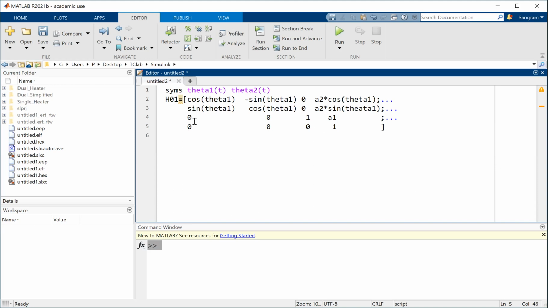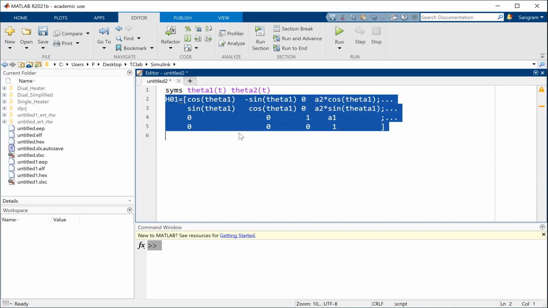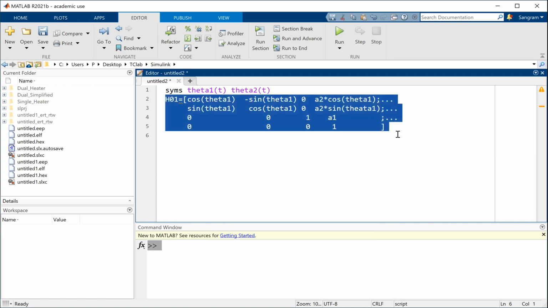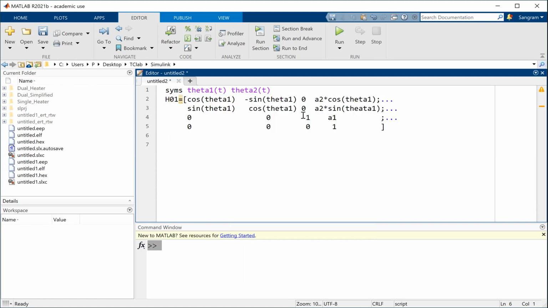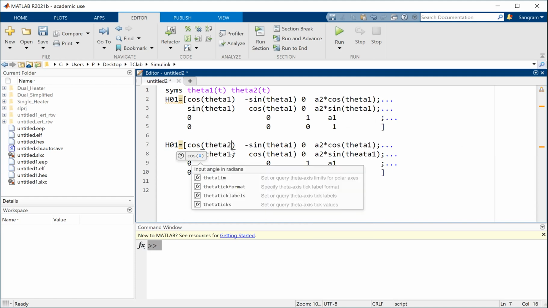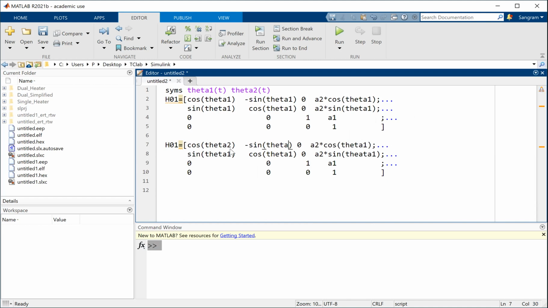Okay. Now next thing, copy. Third column, second row, yeah. Anything else? In the copy version to this.